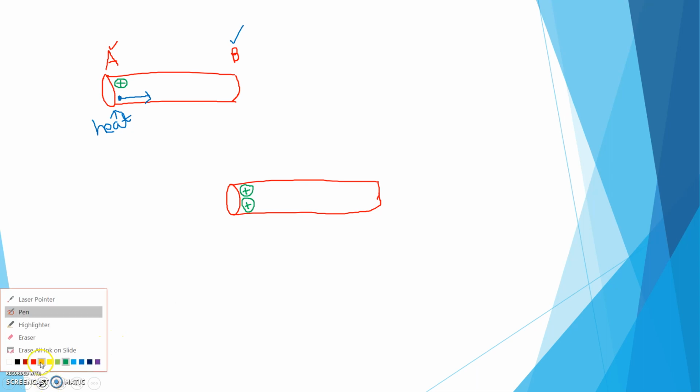And in the same scenario, what will happen at the B end? There will be an accumulation of electrons which come from the A end, and after coming to the B end, because B is a comparatively cooler region, they will try to lose their energy and come to a lower energy state.